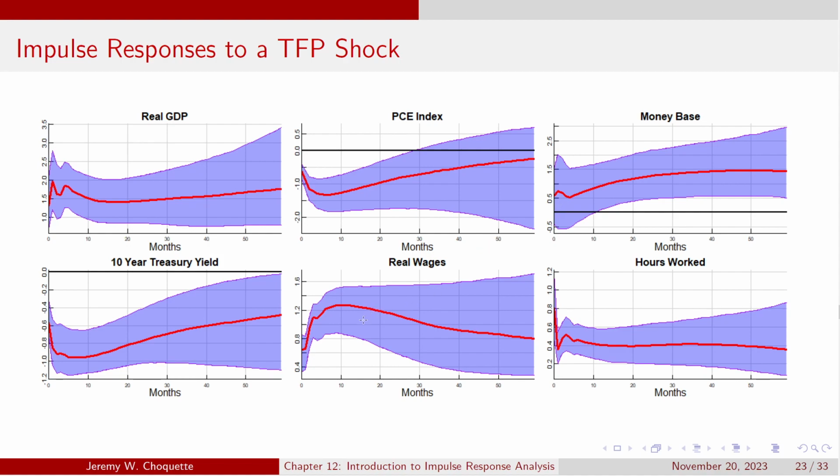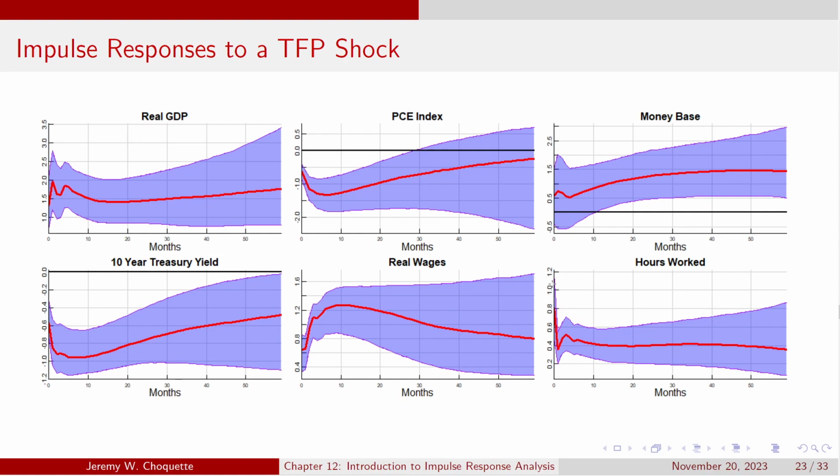We'll get to the real wages in a second. Let's look at hours worked. Hours worked, what did they do? They increased. The maximum deviation is about 0.8 percentage points. Cool. That's interesting. So output increased, prices fell, hours worked increased.